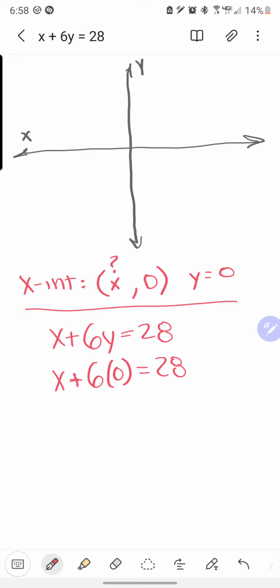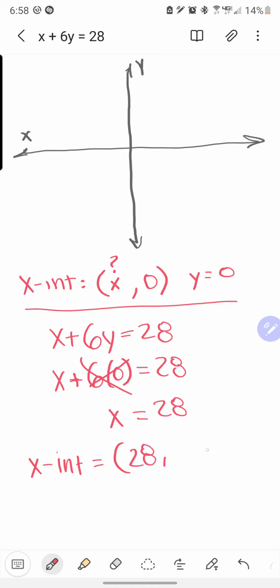We know 6 times 0 equals 0, so we can just cancel it out. We don't even need to drag it down. All we need to drag down is the x, and that would be x equals 28. So now we know the x-intercept is 28, 0.